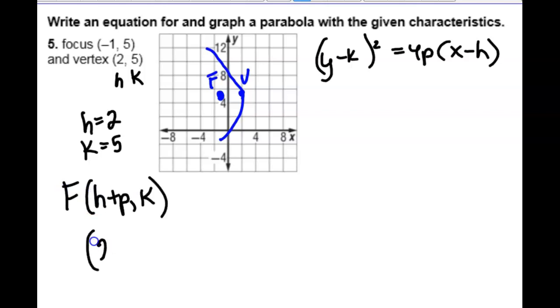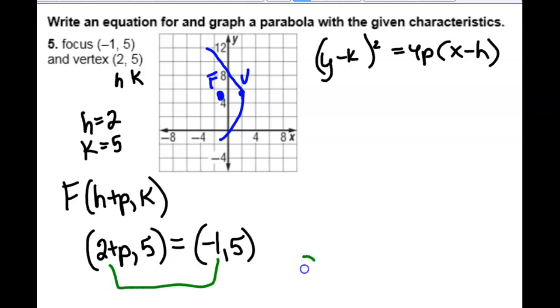So what do we have? 2 plus p comma 5 equals, what is our focus point? Okay, so then I have 2 plus p equals -1, which would make p -3, right? If we subtract 2 from both sides.